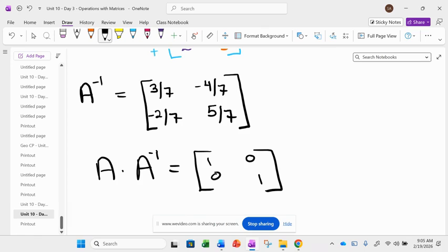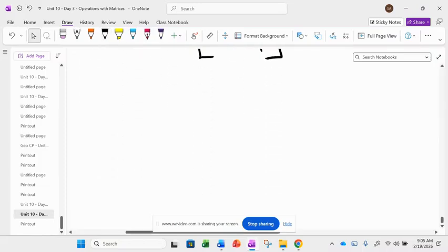Okay, I want you guys to find the inverse by yourself.